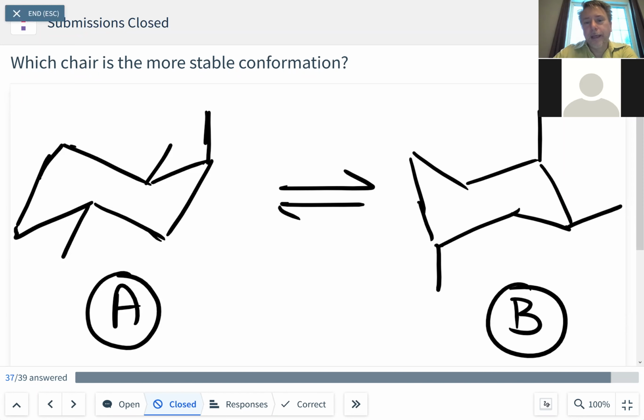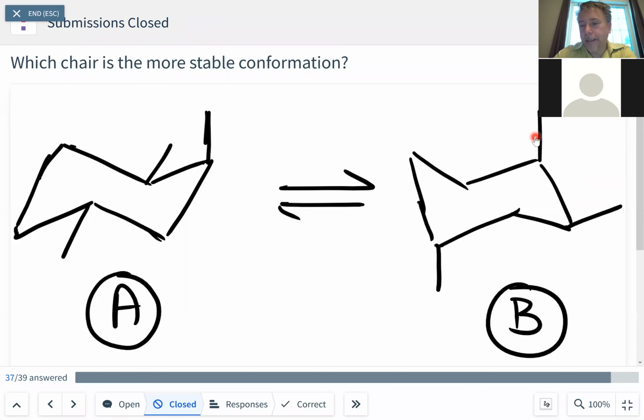So anytime you've got an axial substituent, it is going to interact with the protons that are also, or other groups that are axial. So this axial methyl group will interact with the proton here and the proton here. So there's 1,3 diaxial interaction.